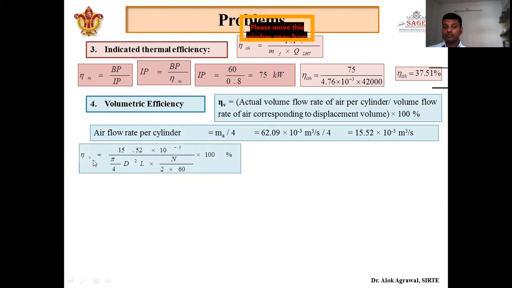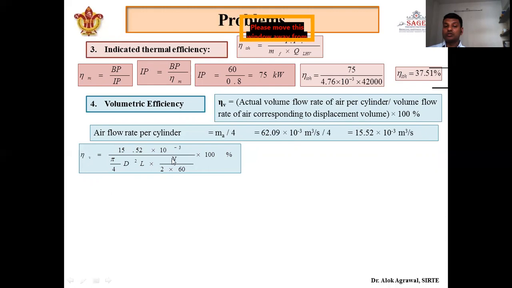Now, volumetric efficiency is equal to actual air flow rate upon volume flow rate of air corresponding to displacement volume. Here this air flow rate is per second. So stroke volume Vs is pi by 4 D square L, into how many strokes will occur in 1 second. We can calculate it by the value of RPM, N by 2.